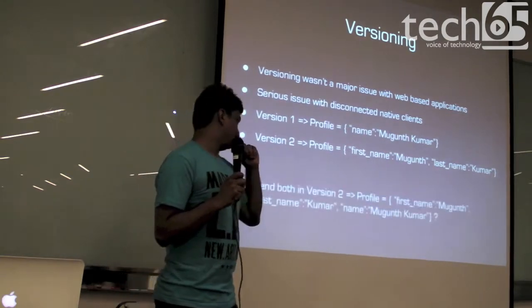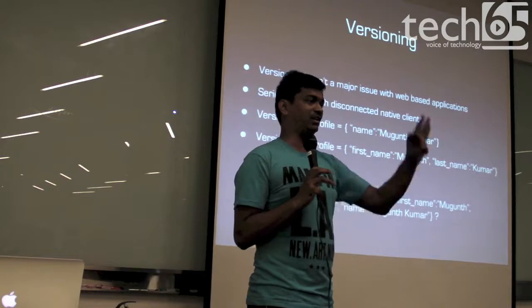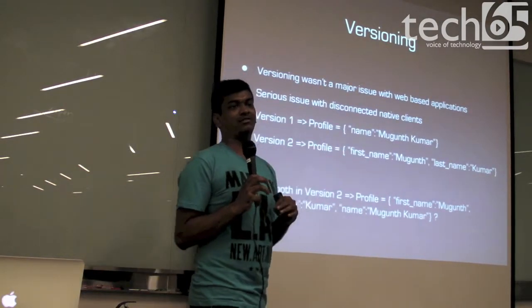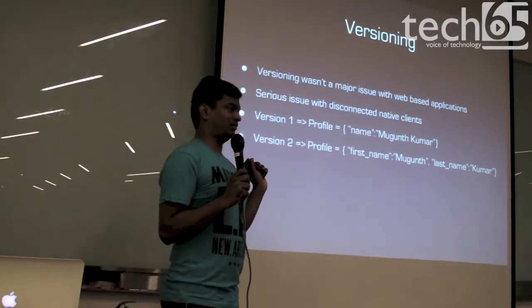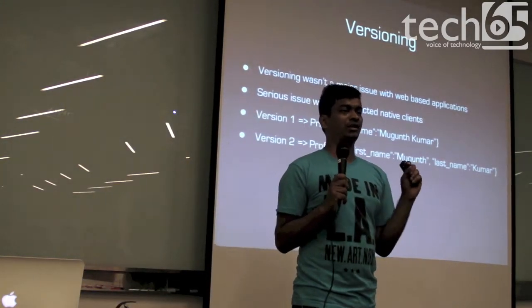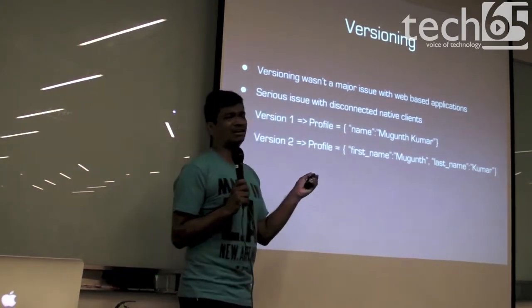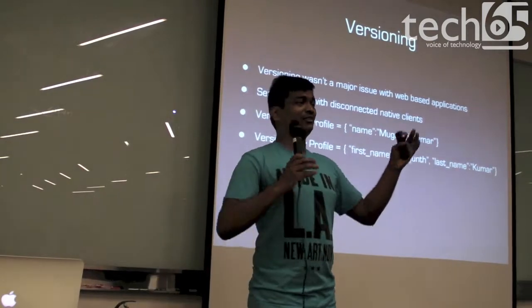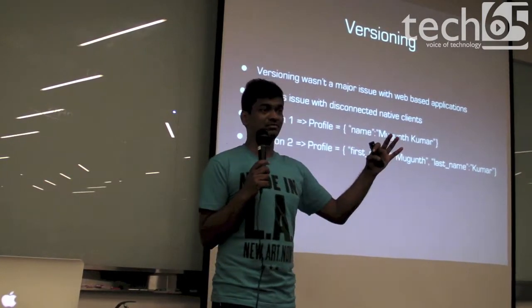What most people do is something like this. They merge everything into one single packet and send it. Right? This is wrong. The reason is, when you do that, you won't have control over deprecation. You won't know when I merged these two models. After 5 versions are released, you won't know why I'm still using name.